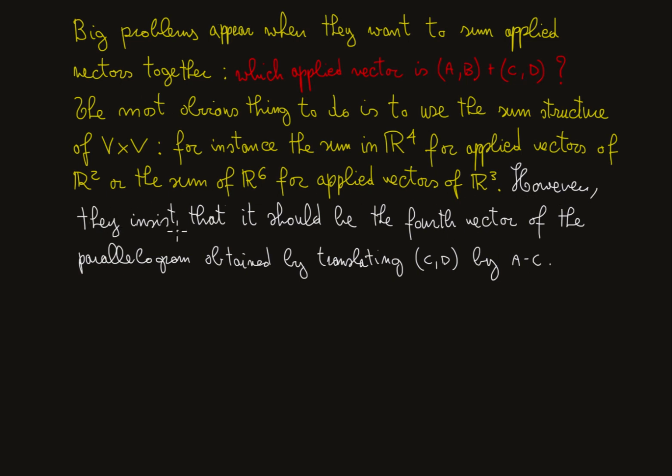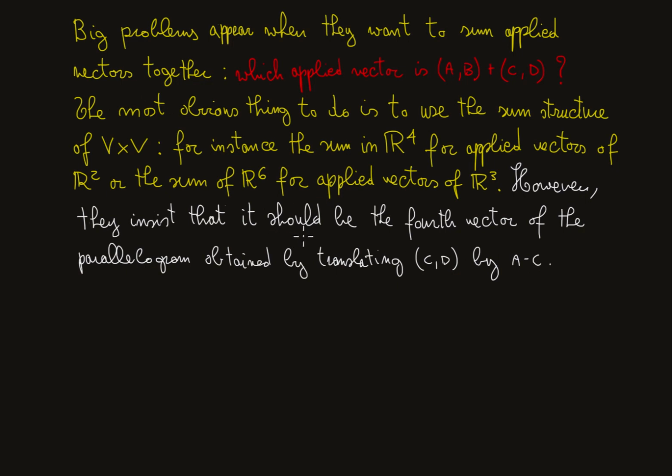However, they insist that it should be the fourth vertex of a parallelogram obtained by translating CD by A minus C. So those who advocate this approach in handling applied vectors or vectors in general, they put constraints on the geometrical interpretation of the sum and multiplication by scalars.